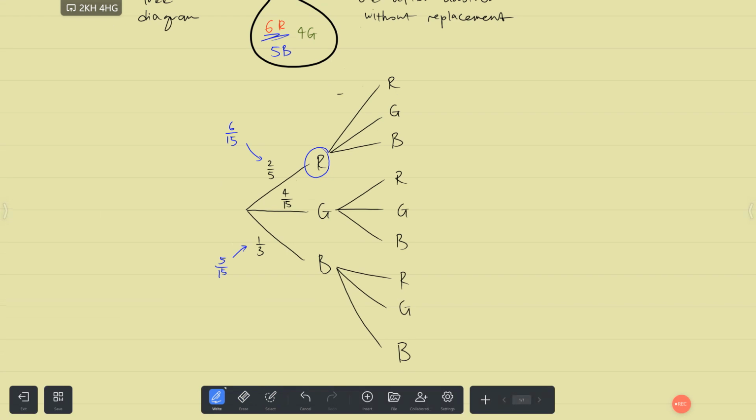It will be 5 out of 14. There's no simplification for this one. The green marbles will be 4 out of 14. I'll leave it here and I'll do the simplification all at the end. And of course the 5 blue is untouched, so it'll be 5 out of 14 as well.